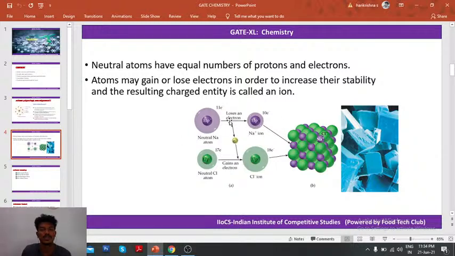Sodium loses an electron, and the neutral chlorine atom receives it, so it gains an electron and has 18 electrons, becoming the chloride ion, Cl minus. So Na+ and Cl minus constitute sodium chloride, NaCl, once one loses an electron and the other gains an electron.